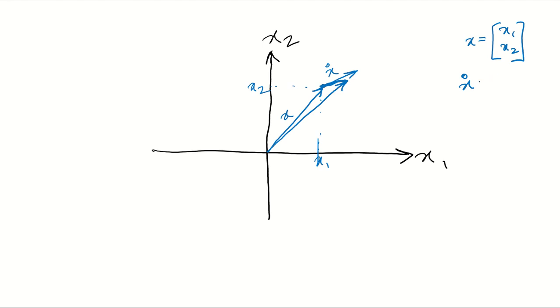x dot can be calculated because f1 of x1, x2 and f2 of x1, x2 are known functions. So you can calculate x1 dot and x2 dot, since x dot is basically x1 dot, x2 dot.